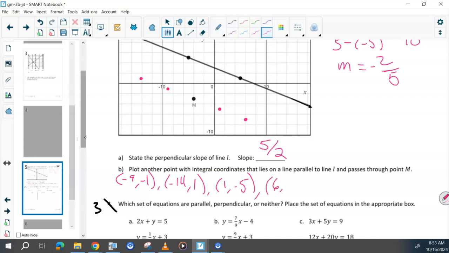And then there's 11, negative 9. So any of those points you could have plotted, you don't need them all, really just one. If you want them all, that's fine. Questions about that?